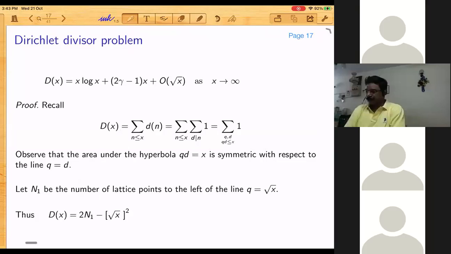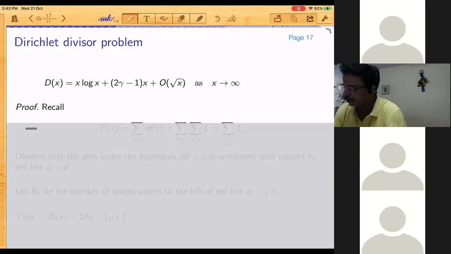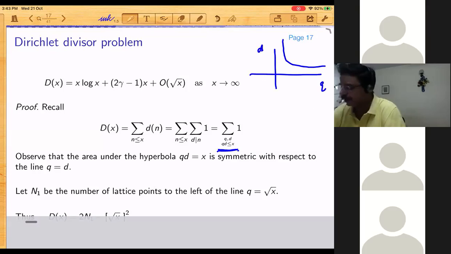So let's say q and d vary here. We have this, qd.